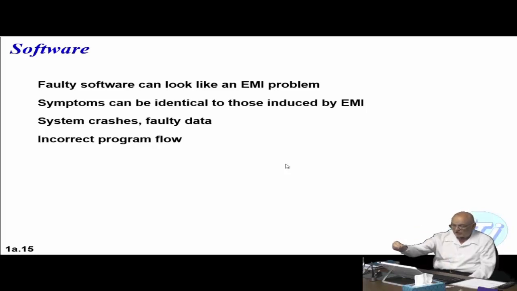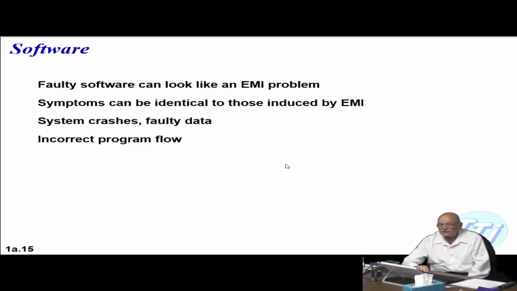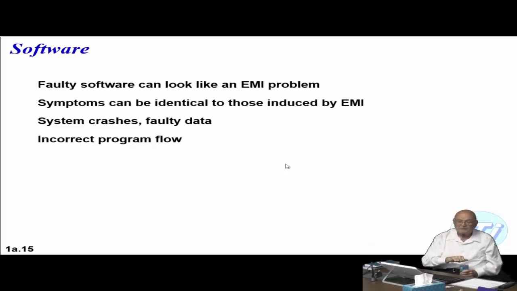If you happen to walk up and touch it in such a way, maybe that software causes it to advance the program counter when it's not supposed to. So software becomes an issue you have to look at, especially since over 50% of it is software now, isn't it?